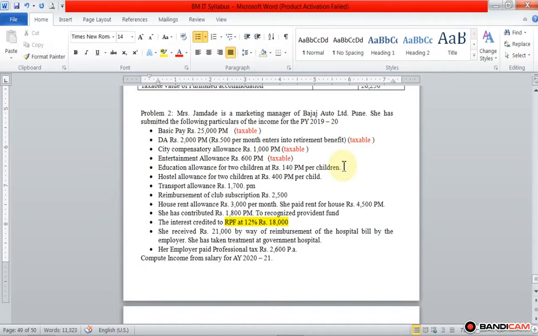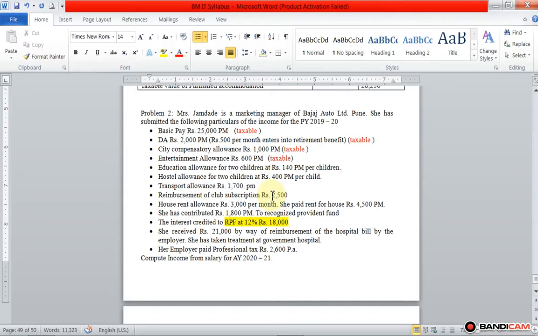Okay, then education allowance. Education allowance for two children amounted to rupees 140 per month per child. Mrs. Jamdade has received education allowance for two children. Remember the partly taxable and partly exempted allowances. Education allowance is one such allowance.